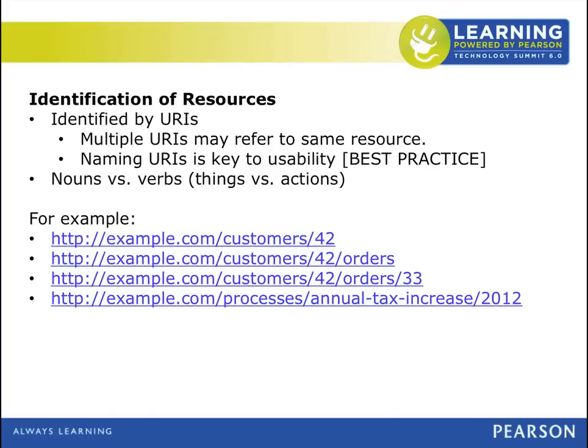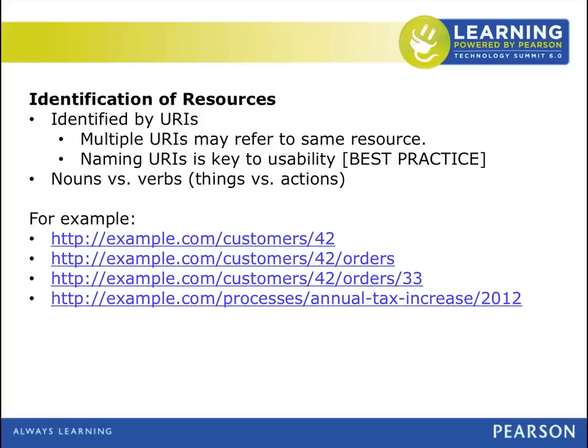and this really, to me, when I talk to people about RESTful best practices, resource naming is key to understandability and usability of your API. And resources are things, so they're named as nouns.